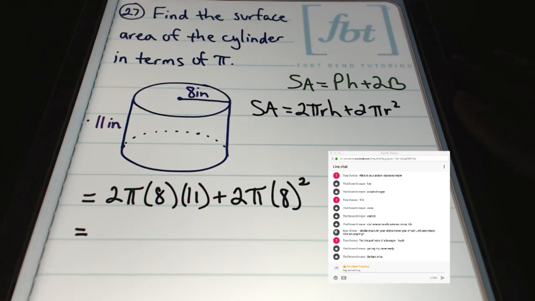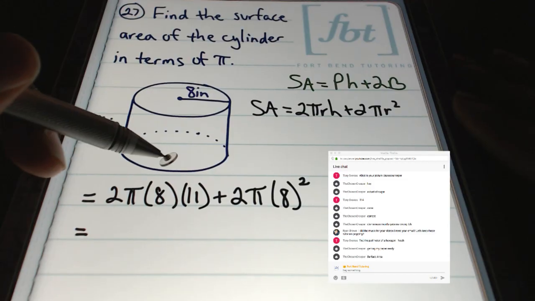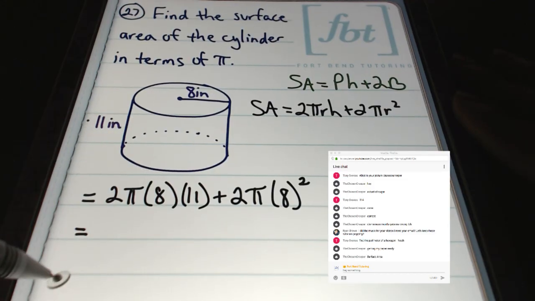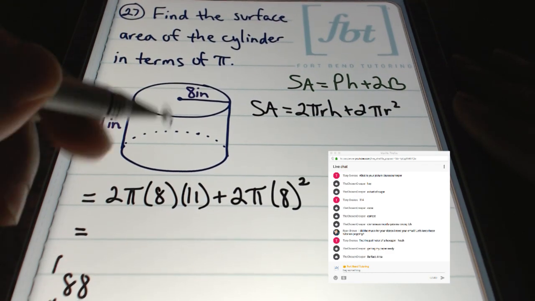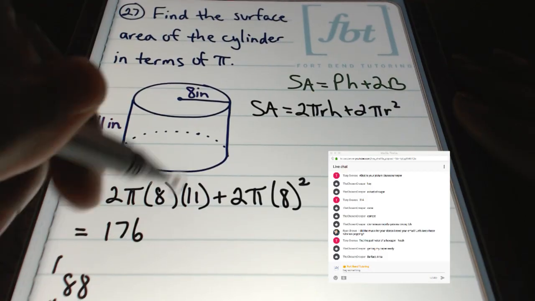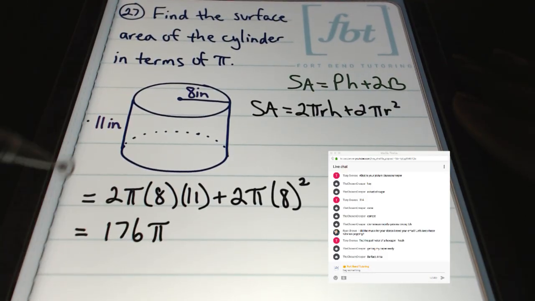So continuing on, we're multiplying. We'll have 8 times 11 is 88, and 88 times 2. Let me go ahead and make sure I do this right because you guys are not helping me out here with checking my work. All right, there we go. We got 176. Is that right? 176 pi. Okay, let's get that out of the way for now.